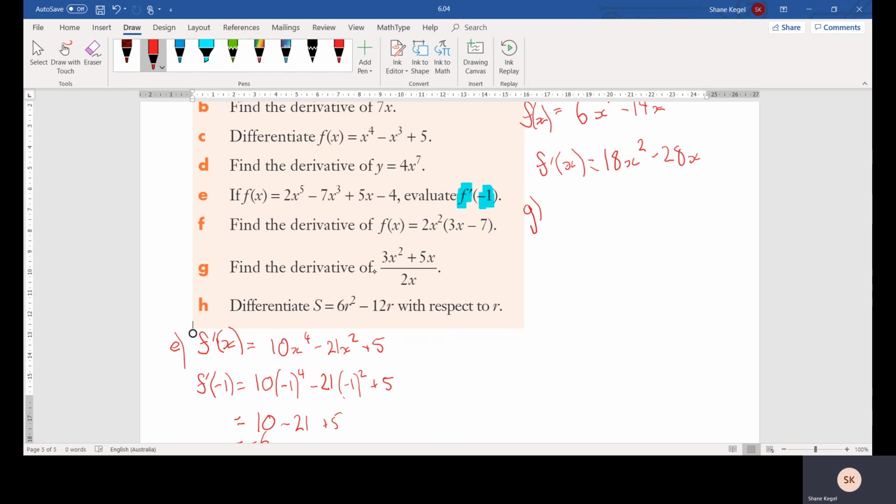So I'm going to get 3x squared on 2x plus 5x on 2x. So I'm just splitting this right down the middle, and both of the top terms are over 2x. So here I can cancel through, which makes things a bit simpler. So I can get rid of x there and x there. So I'm left with 3 on 2x.